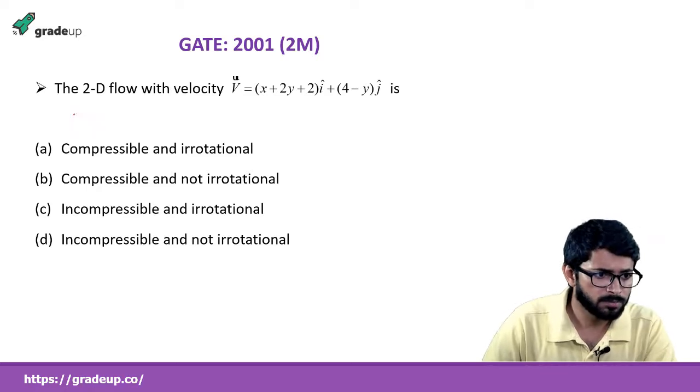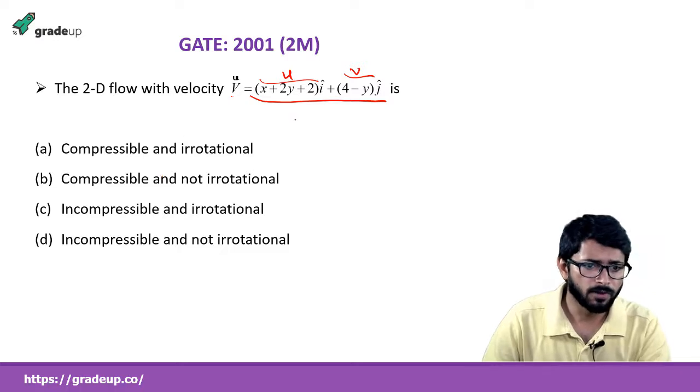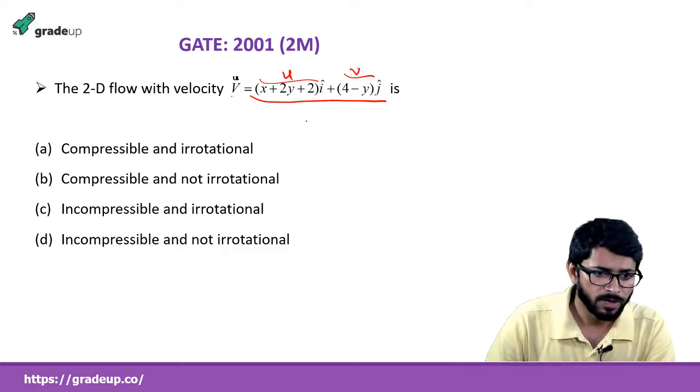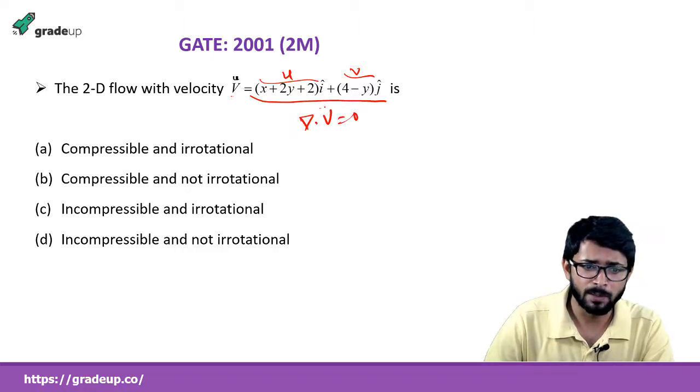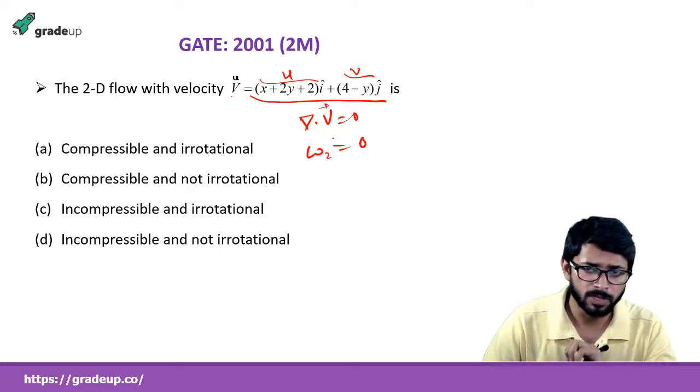Let's take another question. A 2D flow with a velocity field u and v is given. We have to check whether it is incompressible or irrotational. If it satisfies del dot v equal to 0, it is incompressible flow. If it satisfies omega about z equal to 0, it is irrotational flow.